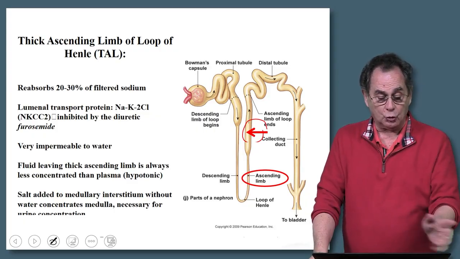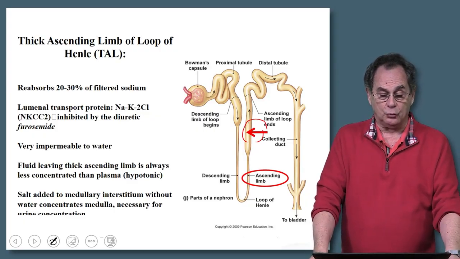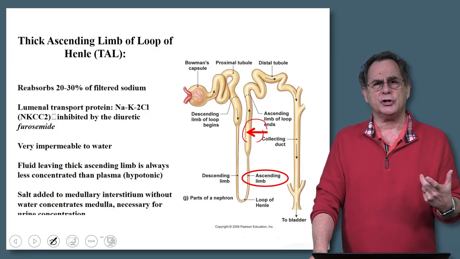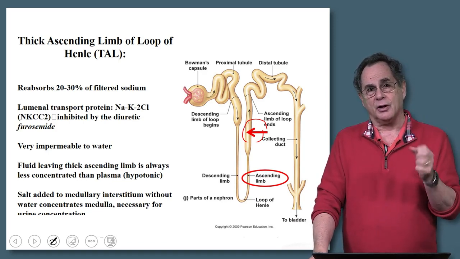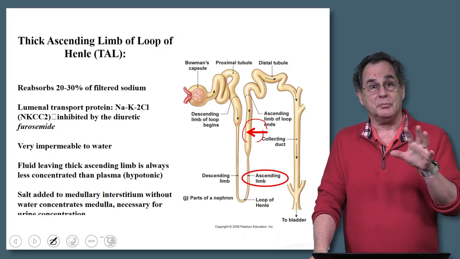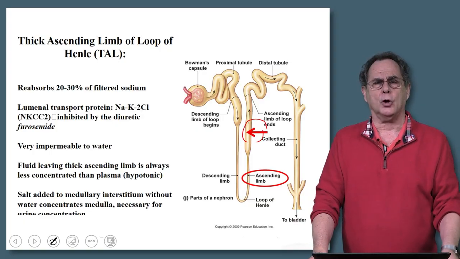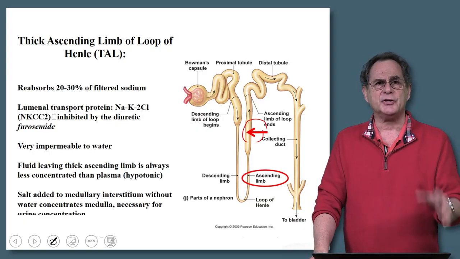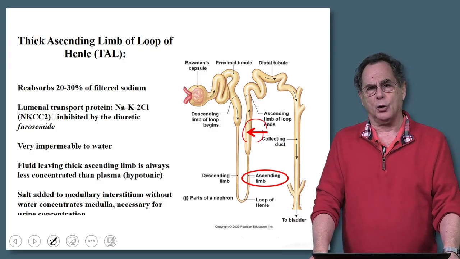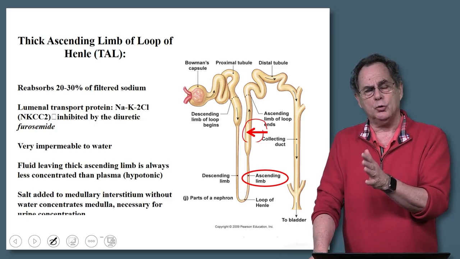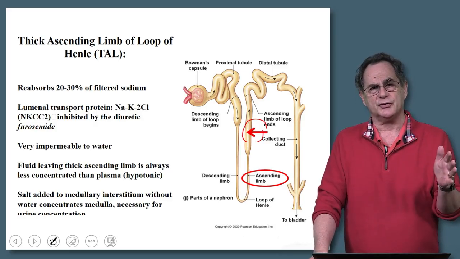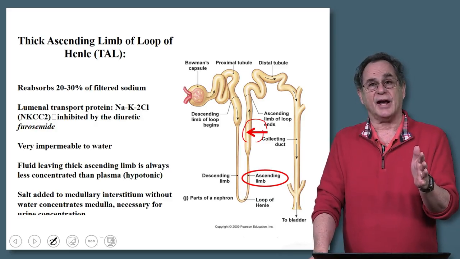Sodium potassium 2-chloride, so NKCC2. This is an important protein to remember because we use it a lot in clinical medicine. Maybe I shouldn't say we use it, we abuse it by using a drug called furosemide, which displaces one of the chlorides in the transporter and limits the ability of that transporter to move the solutes from the lumen into the cell, and therefore inhibits its activity.